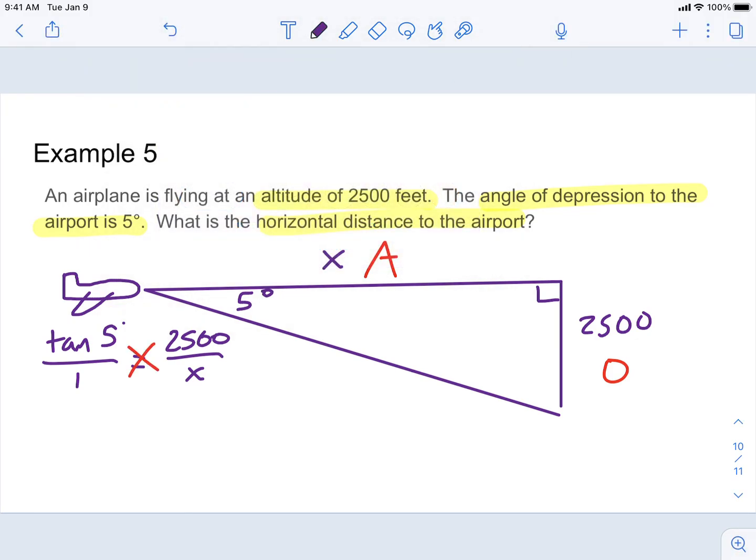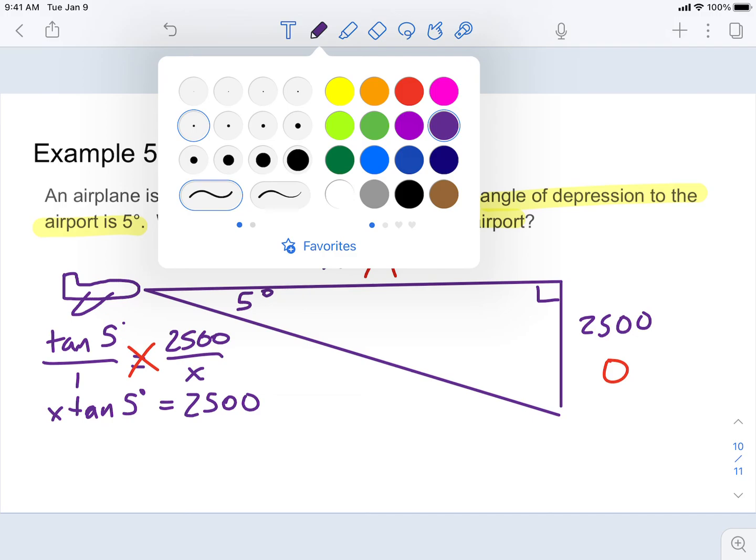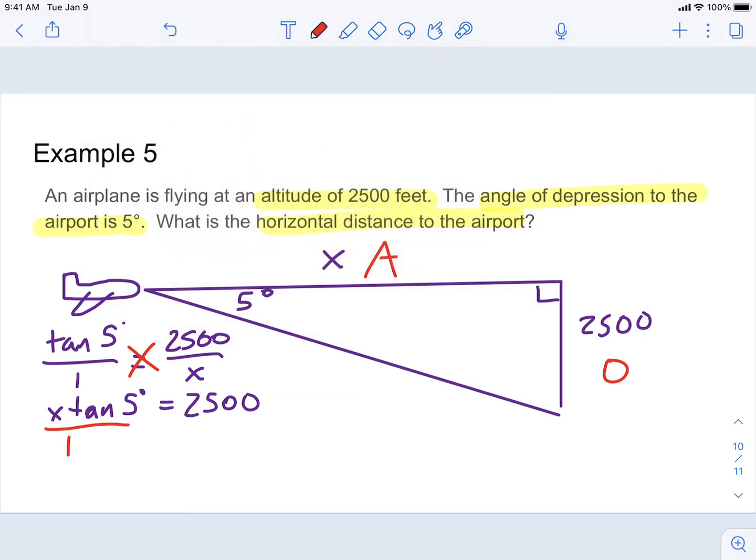So in this case, I've got x times tangent of 5 is equal to 2,500 times 1. Now to isolate x, I'm going to divide both sides by tangent of 5. That'll cancel out tangent 5 there, and I get that x is whatever 2,500 divided by tangent of 5 is.